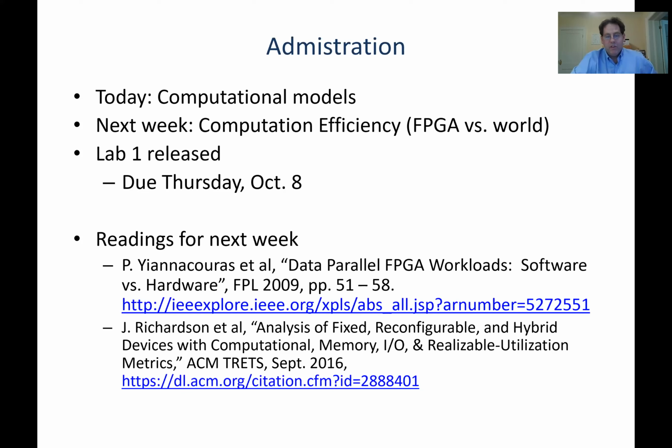How much computation can we get done with things like CPUs, GPUs, DSPs, and FPGAs? So it's kind of a peak performance analysis. Like, you will not exceed this performance. And if we look at those numbers, how do they vary across different kinds of devices? So those two papers give some background in terms of helping you select for a certain kind of computation, should you use an FPGA or not, and how efficient do you expect it to be. And we'll talk about that more next week.